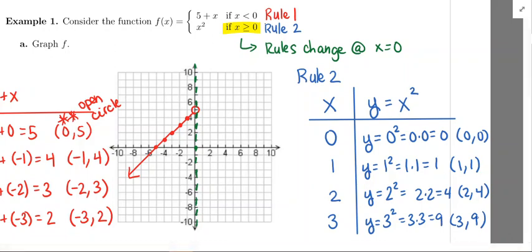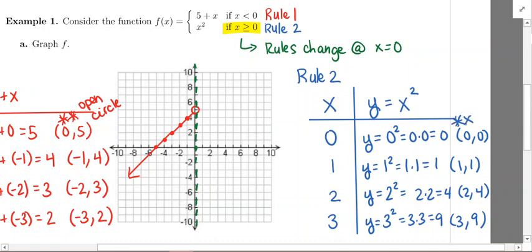Before we can plot these, we have to check what's going on where the rule changes. The rule changes at x equals 0, so I'm concerned with this first point. Was it legal to actually plug in 0 for x? The answer is yes, because according to rule 2, your x value can equal 0 because of that line underneath the greater than sign. So you can plug this point in.